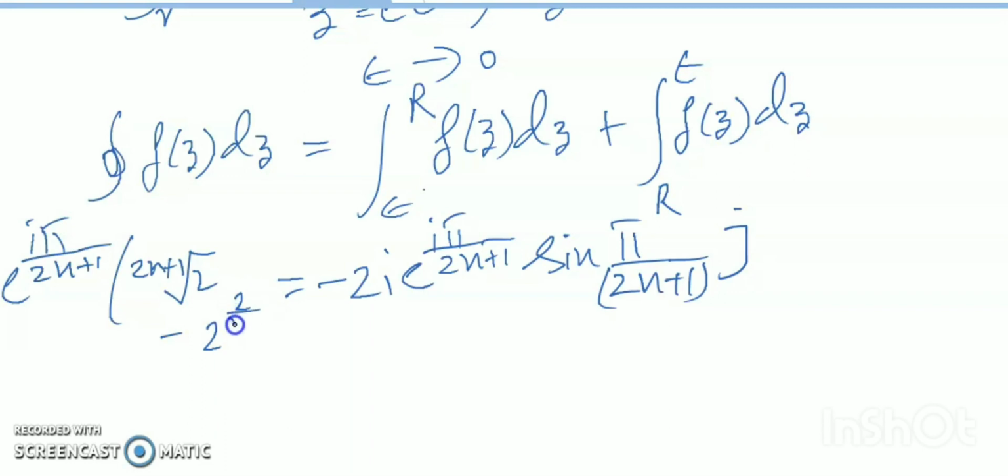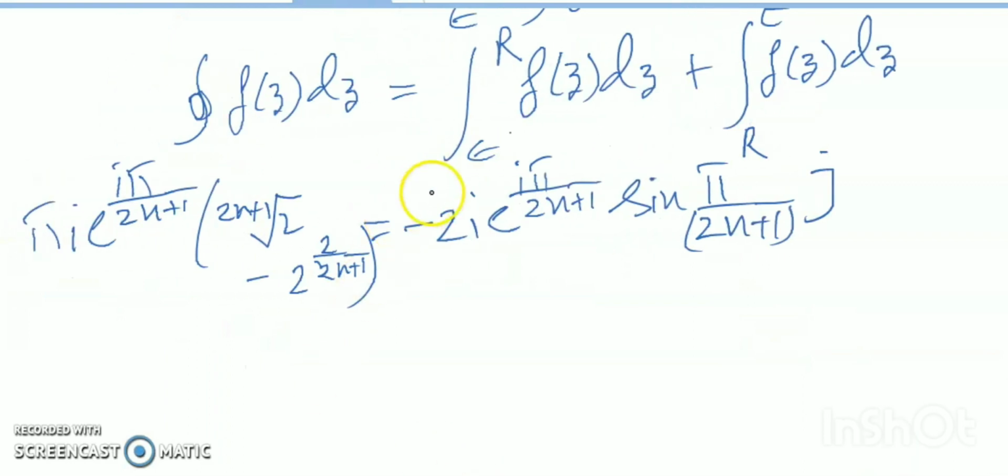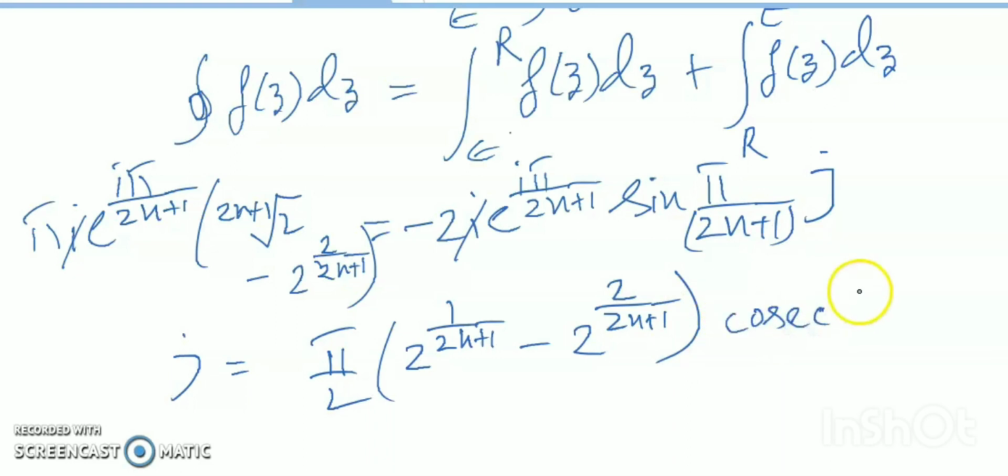I cut, okay, I cut, and we get the value j equals pi by 2, 2 to the power 1 by 2n plus 1 minus 2 to the power 2 divided by 2n plus 1, and cosec pi divided by 2n plus 1. I hope then it is clear for everyone.